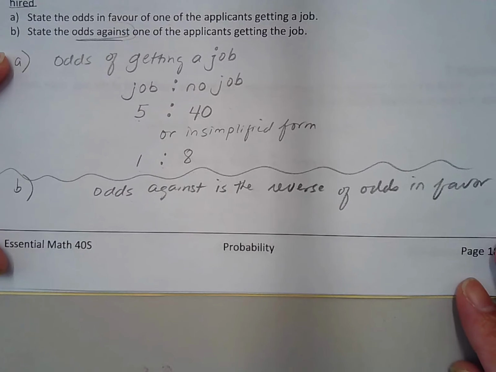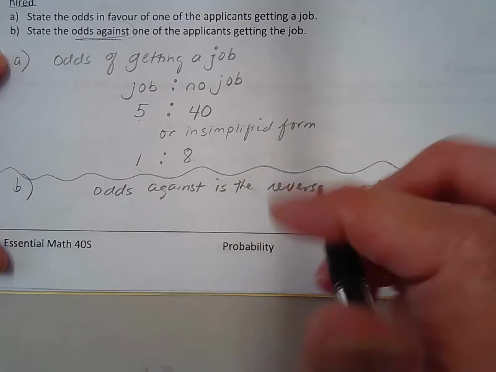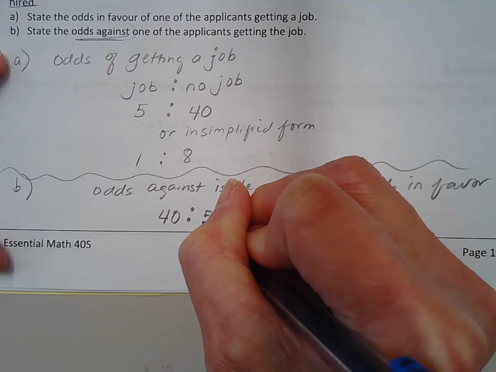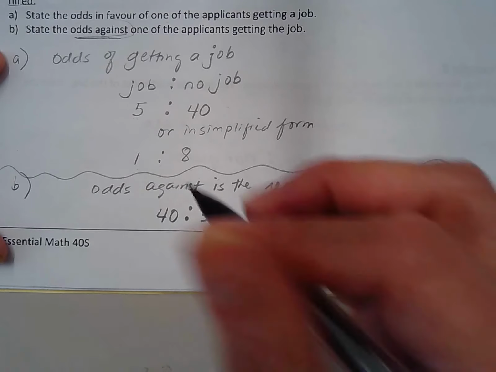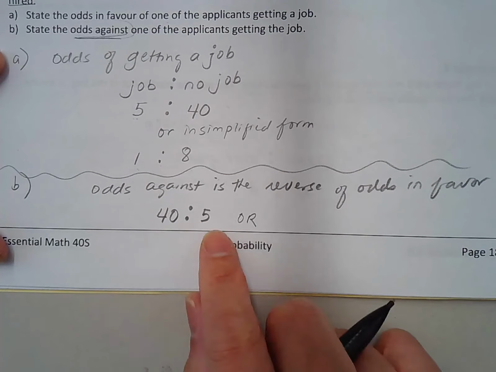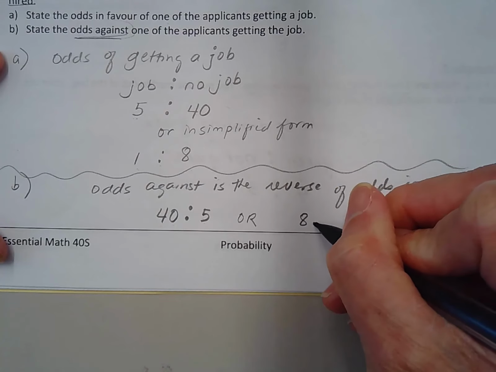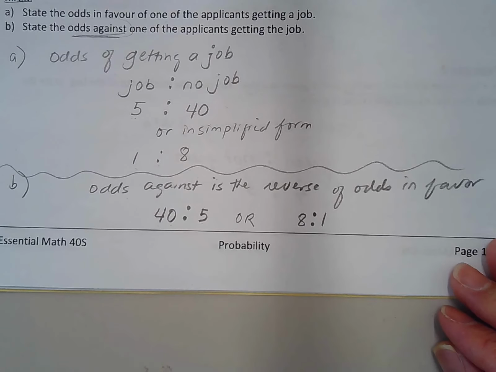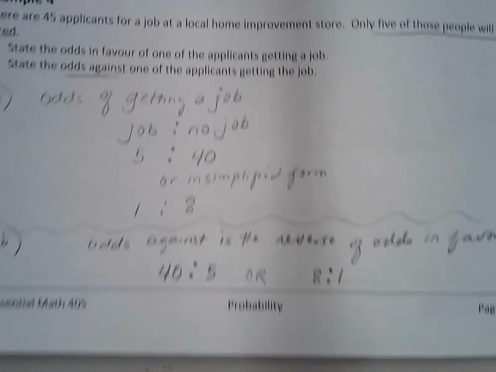We already got the odds in favor, so if we want odds against, then it would be 40 is to 5, or if we simplify that, we can divide everything by 5, or 8 is to 1. Okay, is that good? So that completes that.